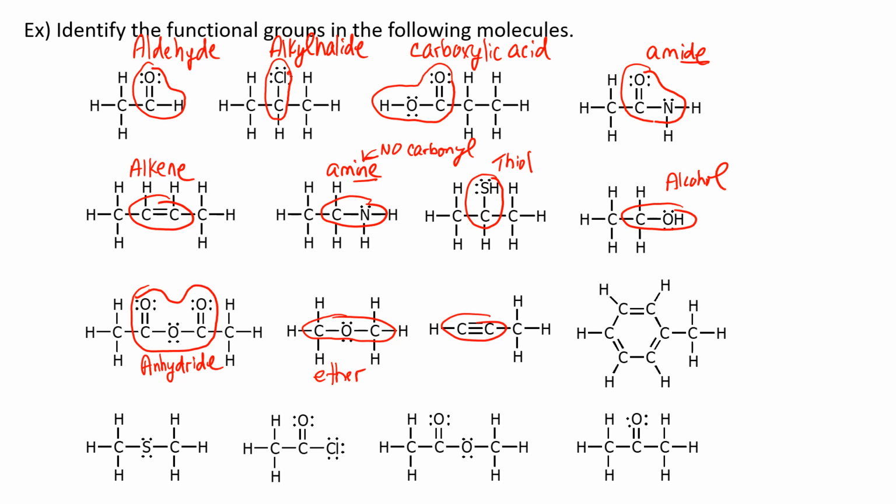We have a carbon-carbon triple bond. That's an alkyne. And here we have a ring with alternating single and double bonds. That's an aromatic or an arene. Down at the bottom, we have a sulfur sandwiched in between two carbons. That's a sulfide.